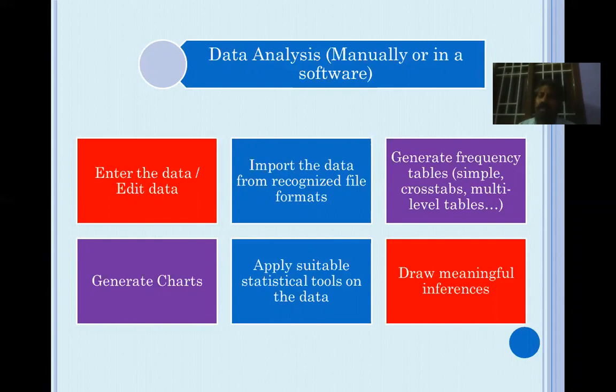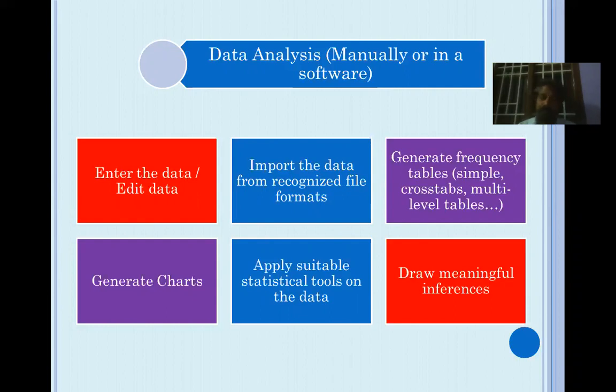Basically, what do you mean by data analysis? First of all, before we think about analyzing your data, you should have the data with us. So either you enter the data one by one, or if you have data already available somewhere, you import your data. Then based on the data, you have to prepare frequency tables. How many males? How many females?